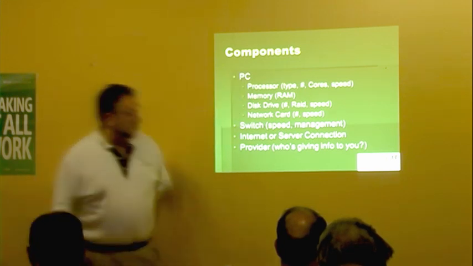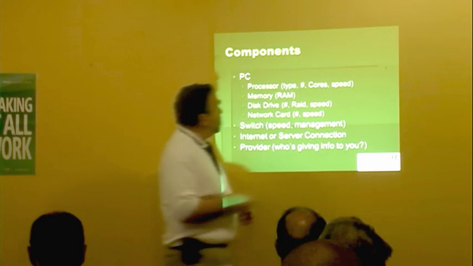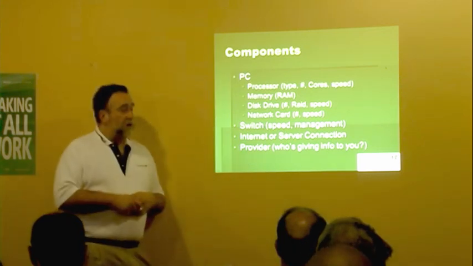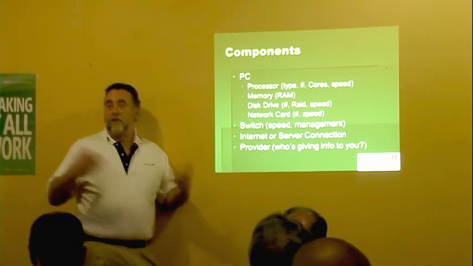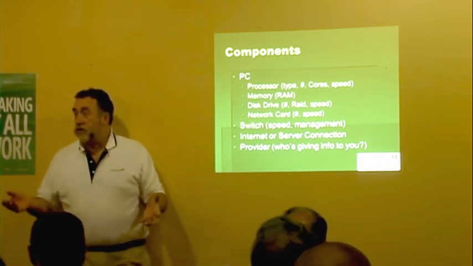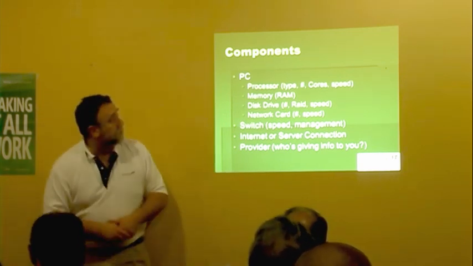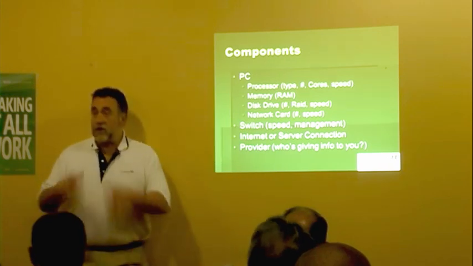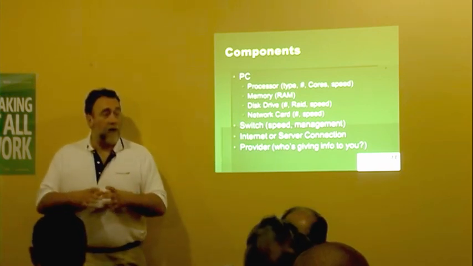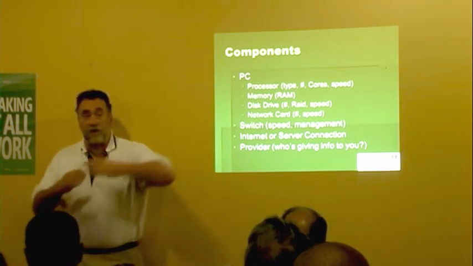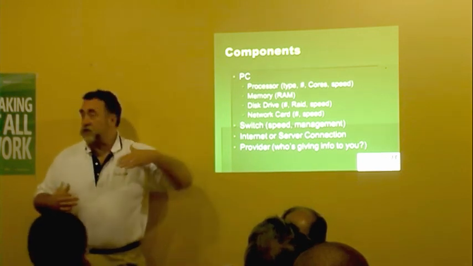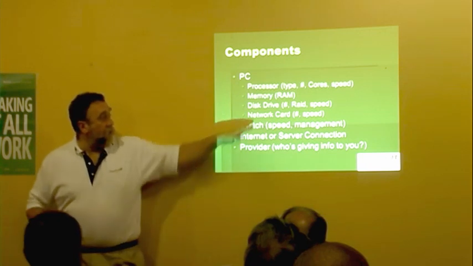So we've got the processor, the brain that actually does the calculations and does the execution of the code. We then have the memory, or as I refer to it, the scratch paper that it's using while it's executing these things. Then we have the disk drives, which are the physical devices that are storing the data permanently. And then we have the network card, when we start talking about getting into the external world. And then we've got the switch.